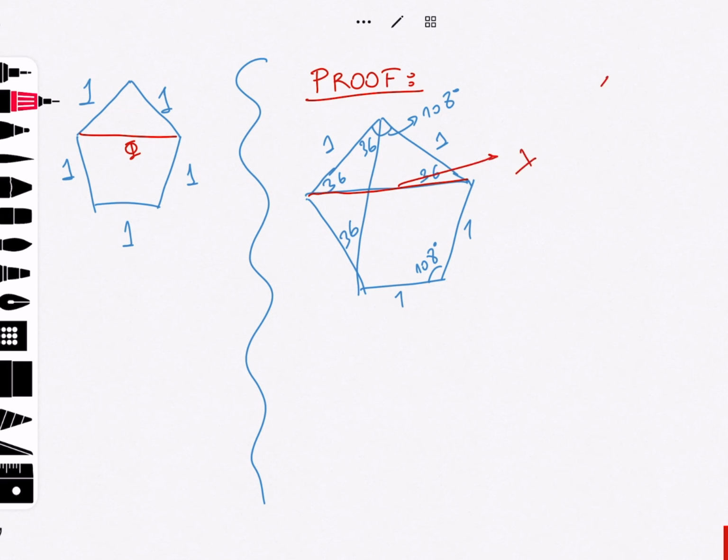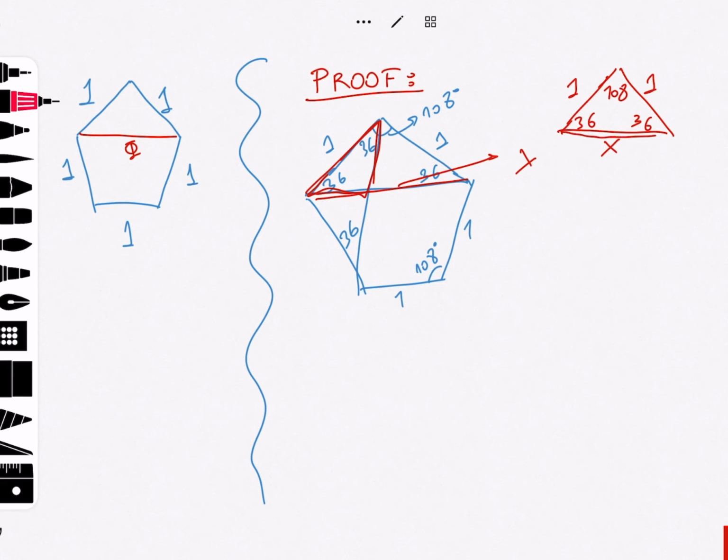Now we see that in this triangle, where two angles are 36 degrees and one angle is 108 degrees, the side lengths are like 1, x. So there's a similar triangle to this, which is here. So there must be the same ratio in the side lengths.